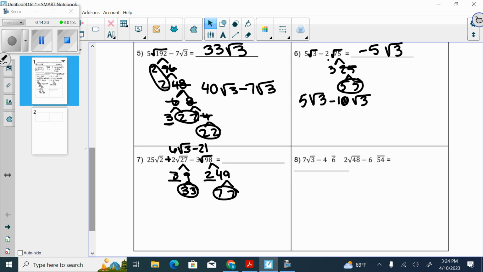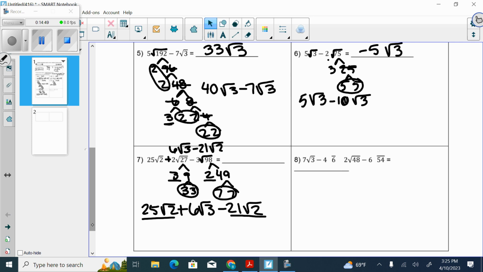The 2. All right, so now we've got 25 square root of 2 plus 6 square root of 3 minus 21 square root of 2. Are any of those the same? Are any of those like terms? Which ones? Good. Those ones have the same square root underneath them, so we can put those two together.